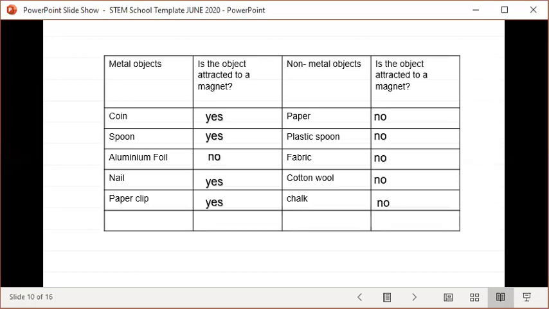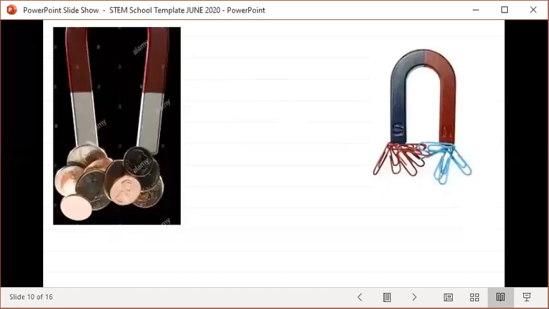So I hope everyone, actually most of you guys actually got the answers correct. And yeah, I can see that you guys do understand the difference between metals and non-metals and magnetism as well. You have a good idea of what it entails. So guys, here we have some pictures just showing us some of the metal objects which are attracted to magnets.